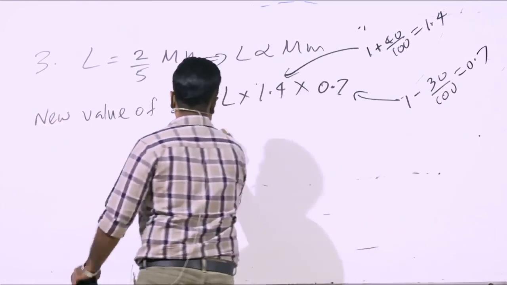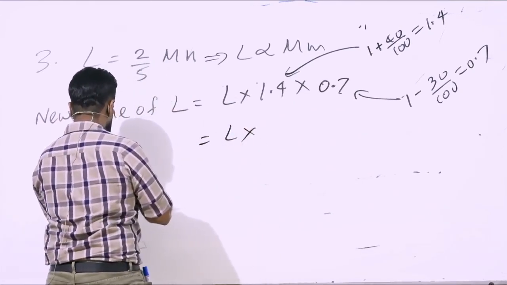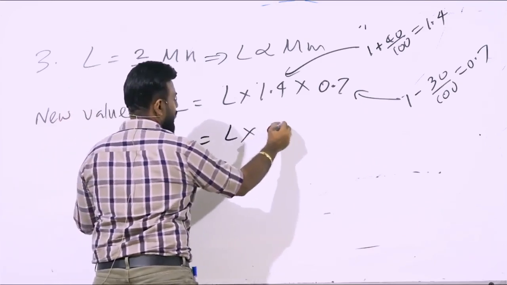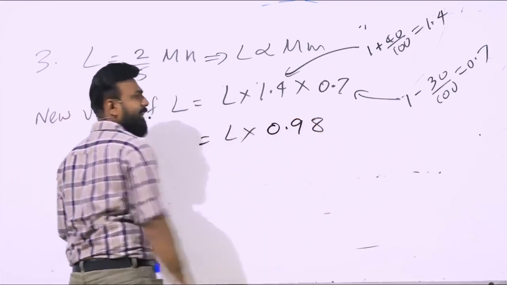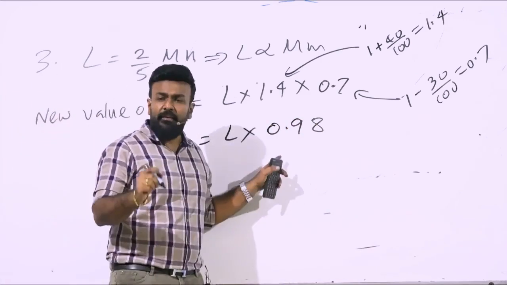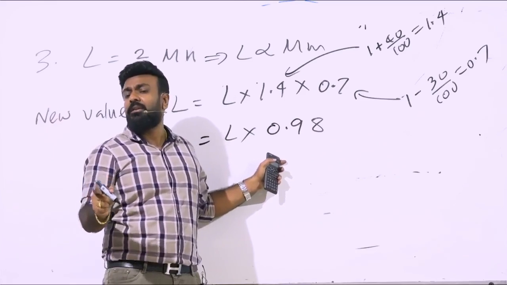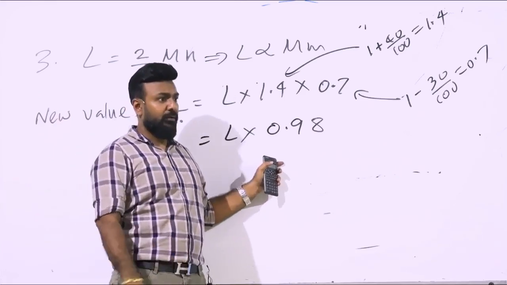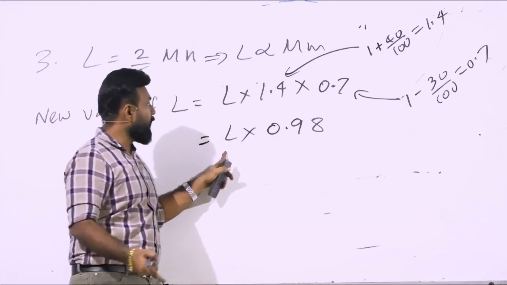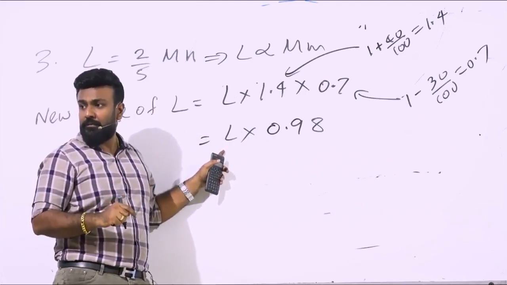So this is L into 0.98. Can you see? So is it an increment or a decrement? Decrement. The 0.98 is less, the new value is less than the initial value.